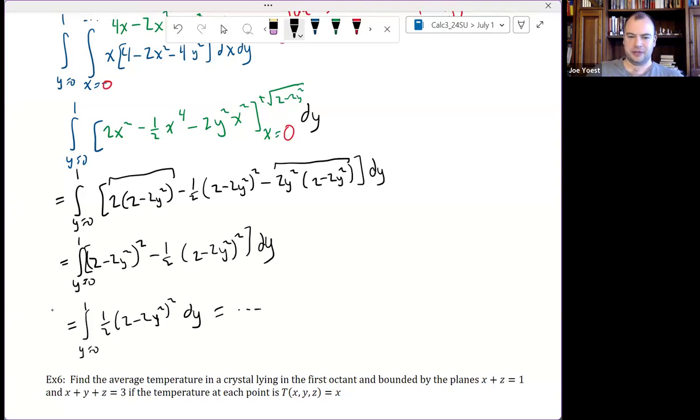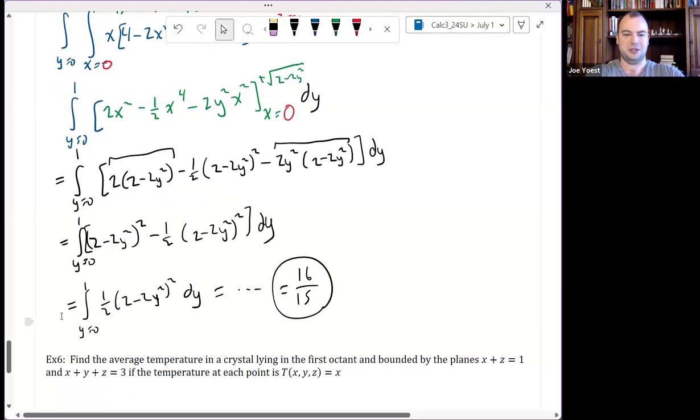And I'll leave the rest of this for you to clean up because we're down to about 10 minutes left and I would like to get through example 6. But I ended up with 16 over 15 as the answer here. So just multiply out the 1/2, which helps simplify a bunch of stuff, and then combine the fractions and you get 16/15.